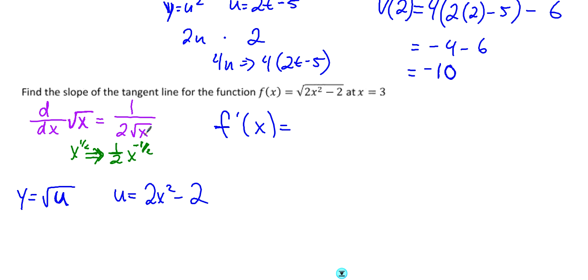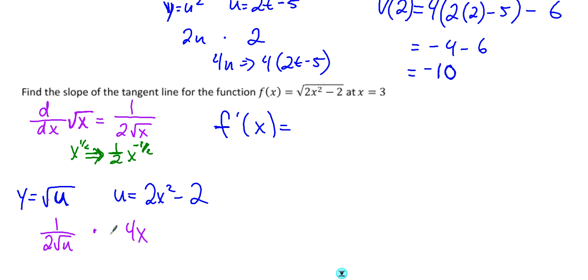But at some point, you have to start just memorizing or knowing these so that it makes your life easier. So for instance, the problem that we're doing here, when I go to take the derivative of the square root of u, the derivative is 1 over 2 square root of u. That's just something that I've memorized. And the derivative of 2x squared is 4x.